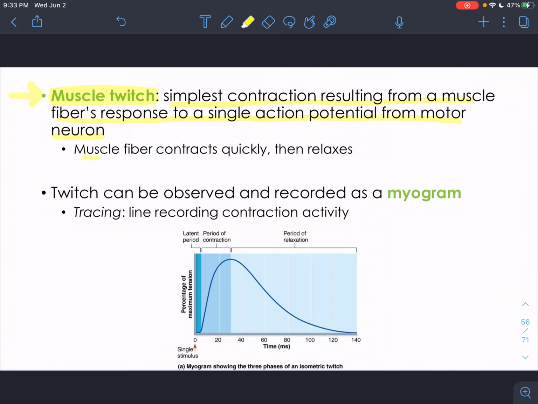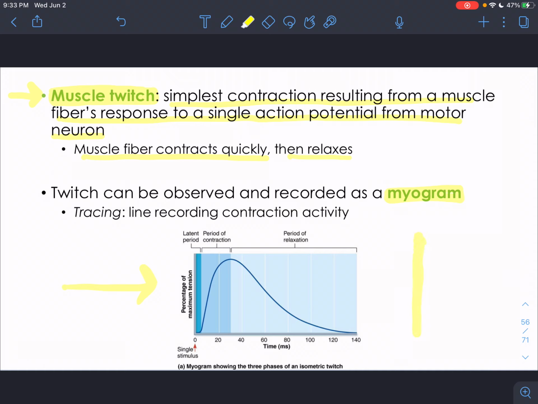The muscle fiber you're going to see contracts quickly and then it's going to relax. And we can measure this using something called a myogram. This here on the bottom is a myogram, and it shows the different phases of a muscle twitch. In lab, we would normally do an activity where you hook up your pinky to what's called a force transducer.